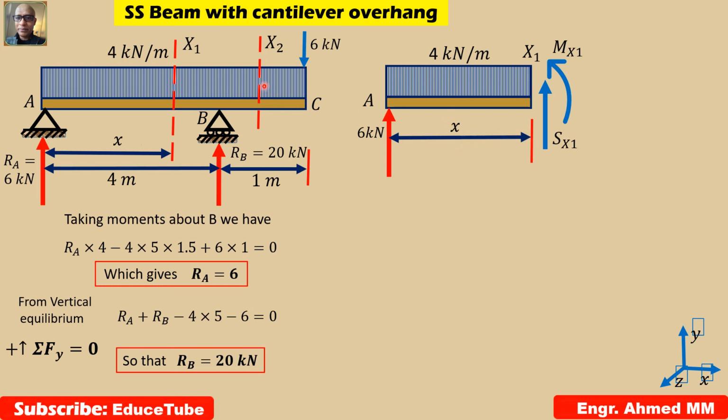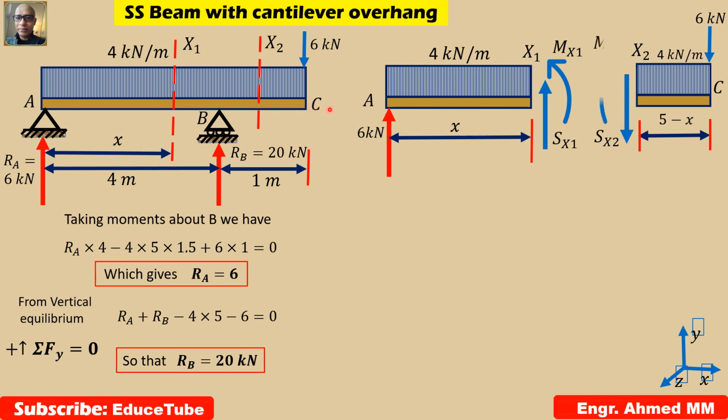So for this side, x2C, I can take the free body diagram like the previous one, and it will be like this, having shear force Sx2 and bending moment Mx2.